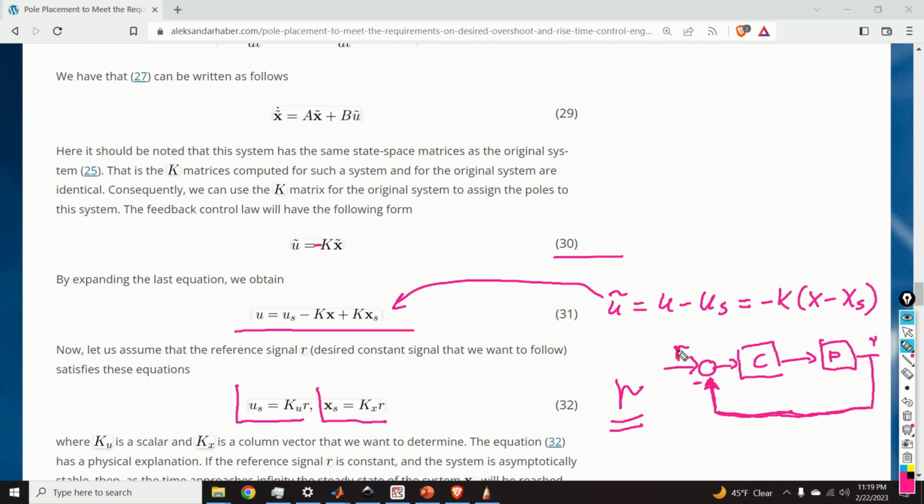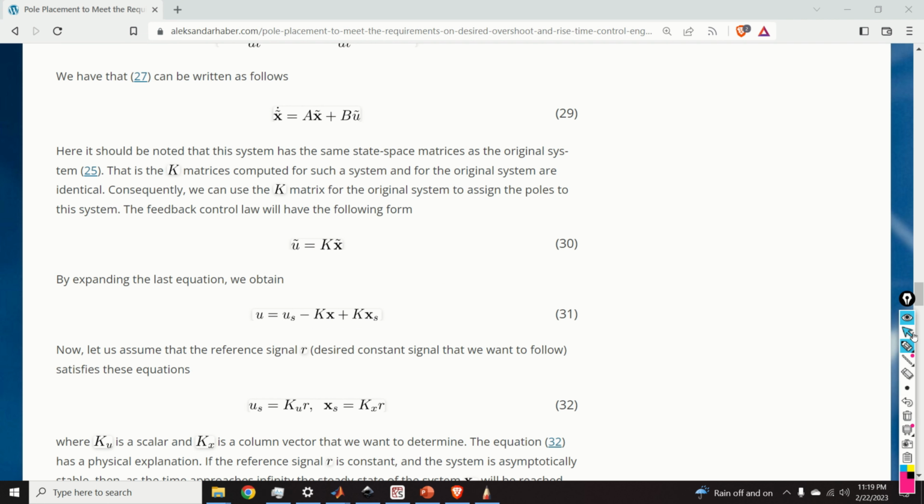So this is our reference signal, and this is the input to the control system. So we can simply parameterize us and xs in terms of r, where Ku and Kx are two new matrices that we need to find. And we will find these matrices such that our system accurately follows step reference signals. So let's see how to do that.